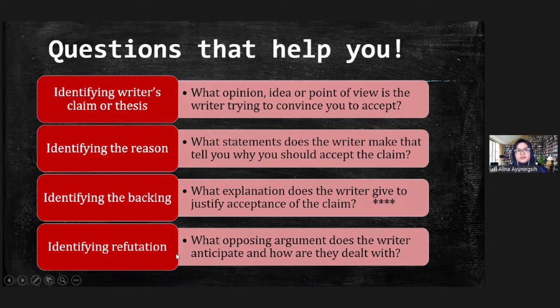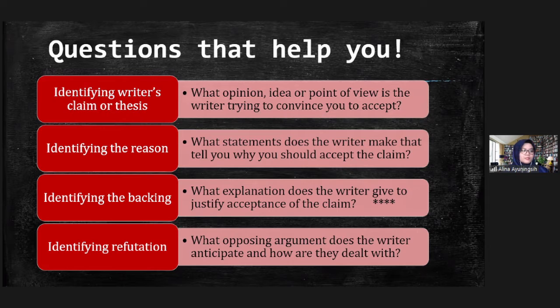Sometimes if we lack practice in writing refutation, we will just be plain. Kalau misalnya kita jarang atau kita tidak berhasil menuliskan refutation, it will decrease your score.